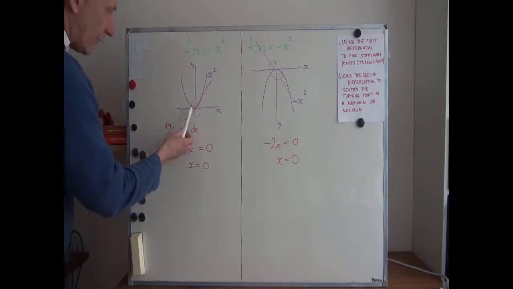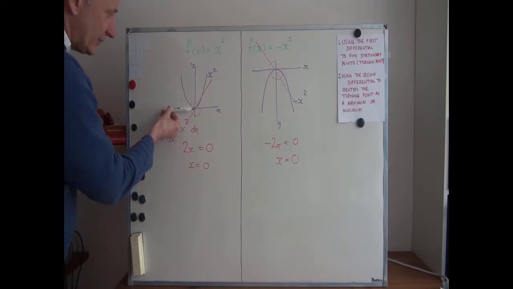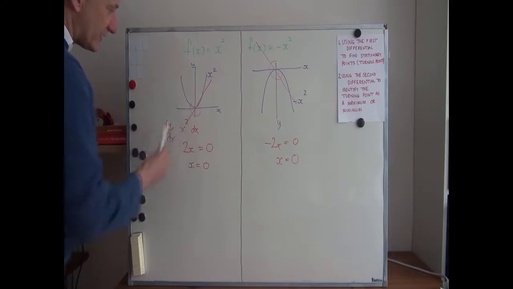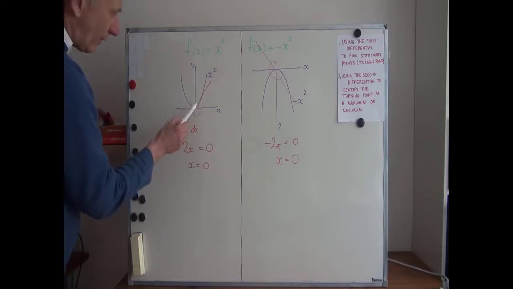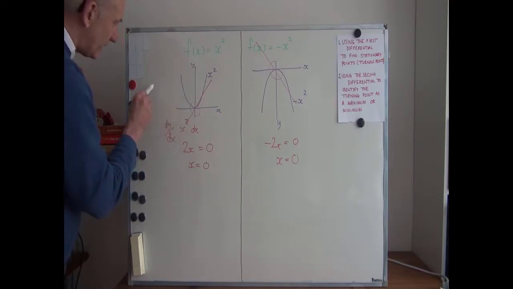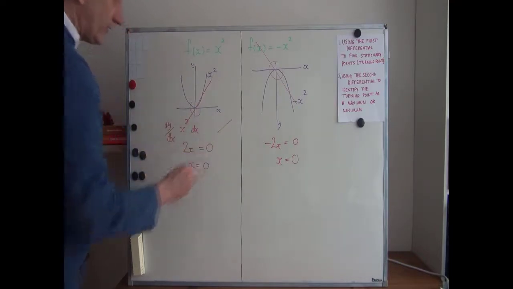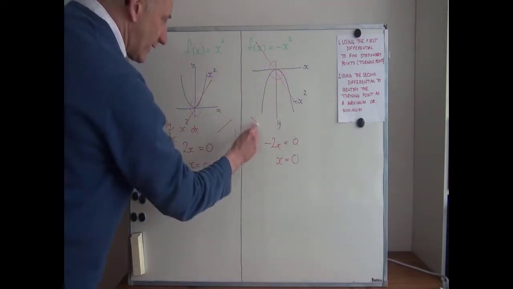Well, the whole point of using dy by dx is we assume that the x value gets a tiny nudge in that direction, but we make that nudge very, very small. So if we are looking at the stationary point, what we want to know, if we look at that very carefully, is that slope starting to go up over, or is that slope going down over?